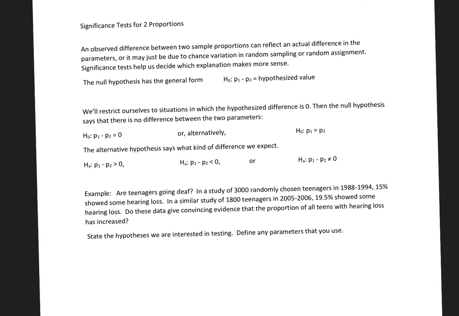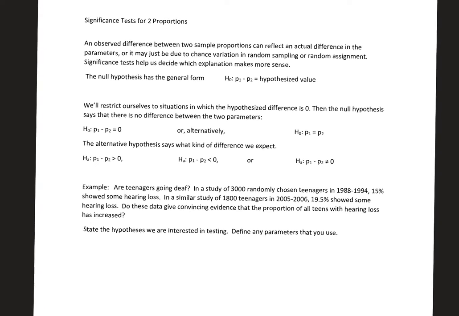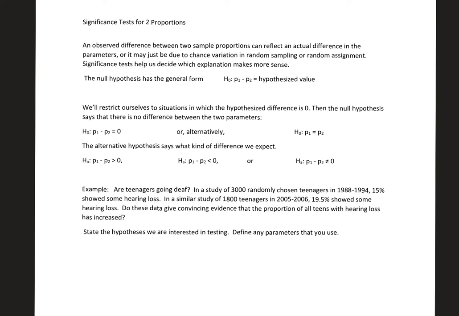So our null hypothesis is pretty much always, in general form, P sub 1 minus P sub 2 is equal to the hypothesized value. Typically, we're going to restrict ourselves to a situation in which the hypothesized difference is 0, because the null is based around no difference, and no difference would be 0. There's 0 difference between the two things.